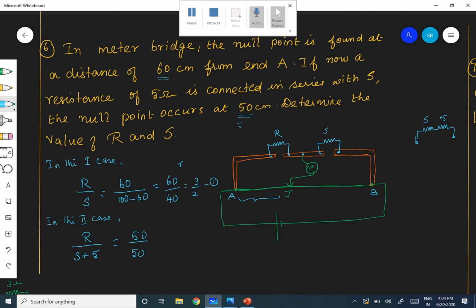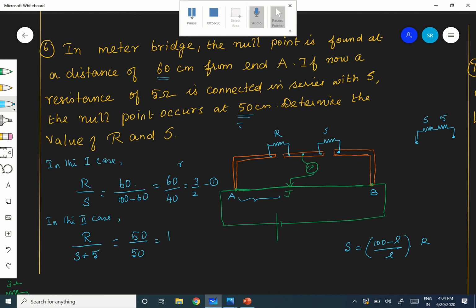There is a formula you can apply: S is equal to 100 minus L by L into R. I think we have seen this formula in the meter bridge, no? Therefore you have to apply that. Even then, R by S is equal to L divided by 100 minus L, therefore that is equal to 1.